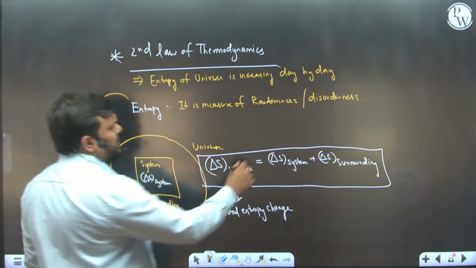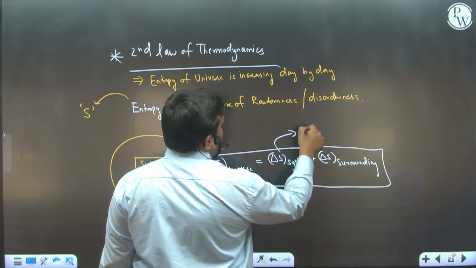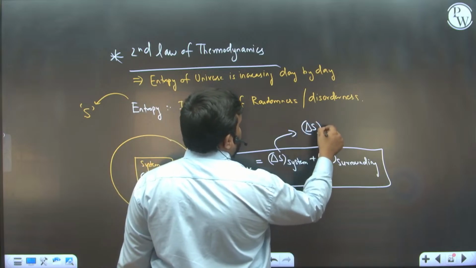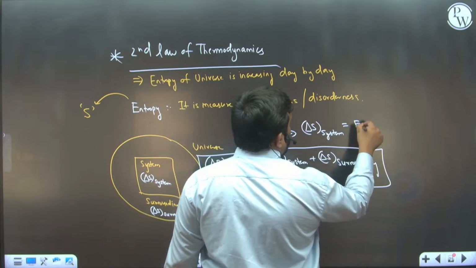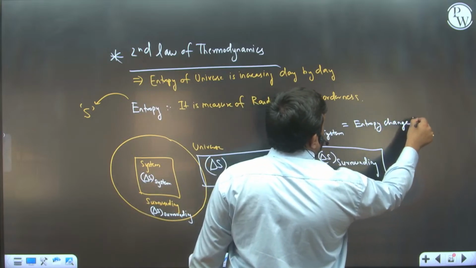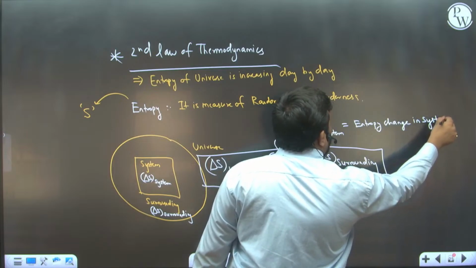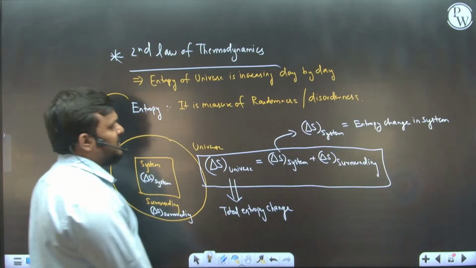We will be studying first of all regarding the delta S system. This is entropy change in the system. First of all, let us have focus on this entropy change in the system. Let us have calculation of this entropy change in the system.